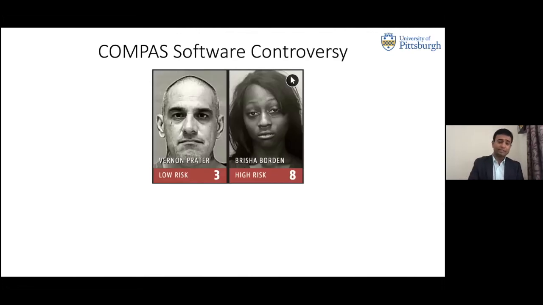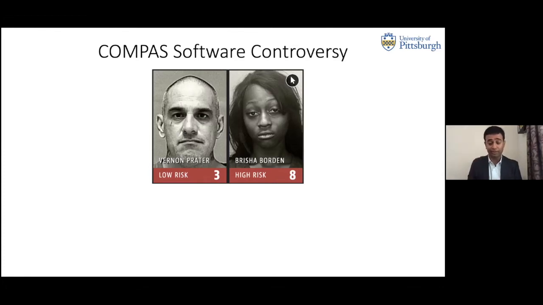So let us take an example of this software. In this picture, on the left-hand side, you see a white man who has been given a low risk score by the algorithm, which is 3. This low risk score means that this white person will not reoffend or recommit the crime. On the right-hand side, you see a picture of a black female, and the algorithm has given a high risk score of 8 to this black female, which means the algorithm thinks that this person will go on and reoffend.